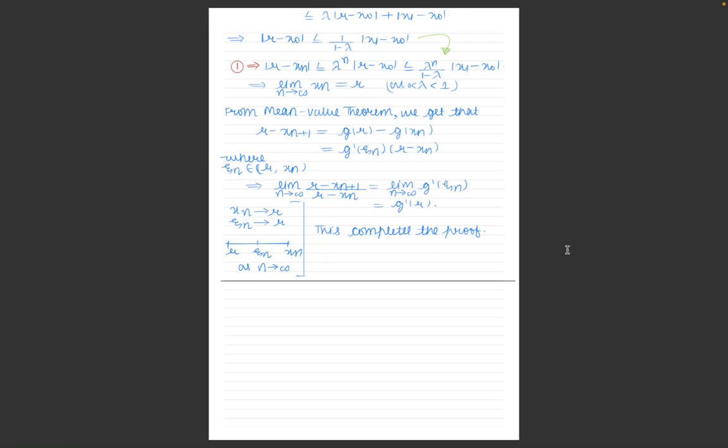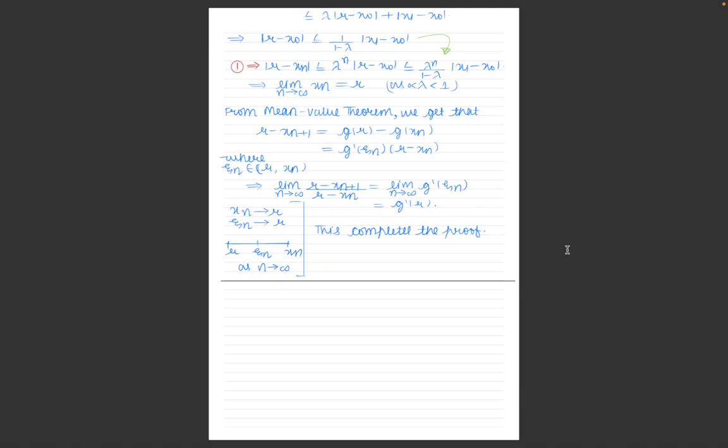So this will imply limit of (r - x(n+1)) by (r - xn) is limit g prime of xi n.